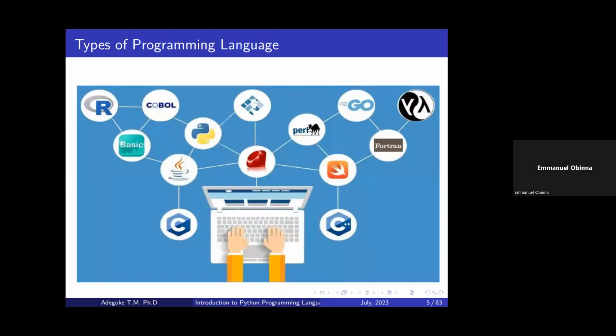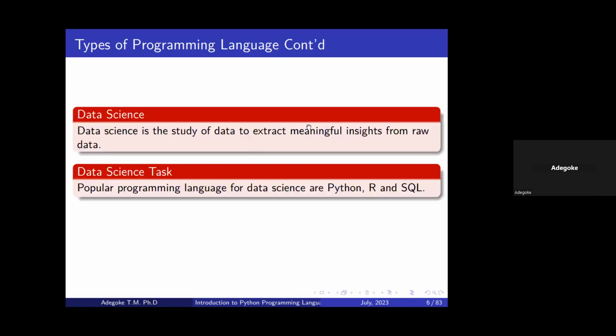But we are going to focus on Python programming language, and the essence of this study is actually to groom us to be able to draw insight from data. There is a lot of information that is kept inside the data set.